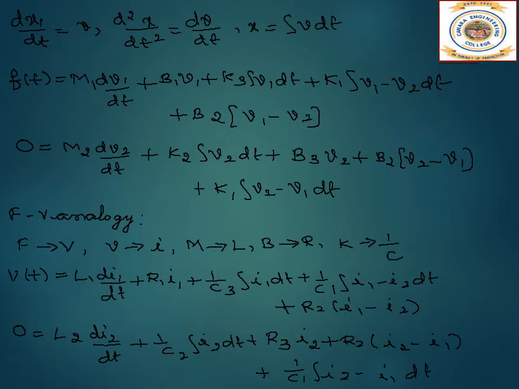Next step is we have to draw the circuit for the given equations. Let me just list out what is there in I1 and I2. So what do we have in I1? We have the voltage V, then we have L1, R1 and C3.